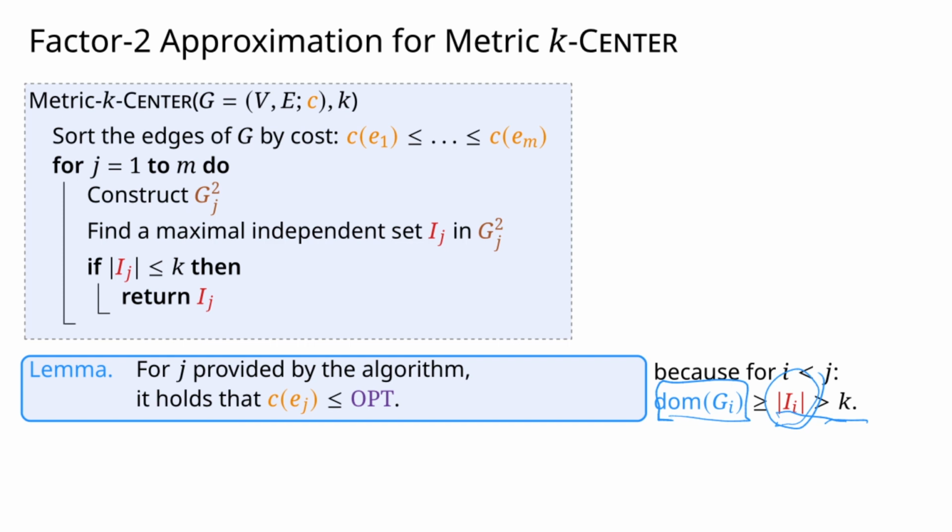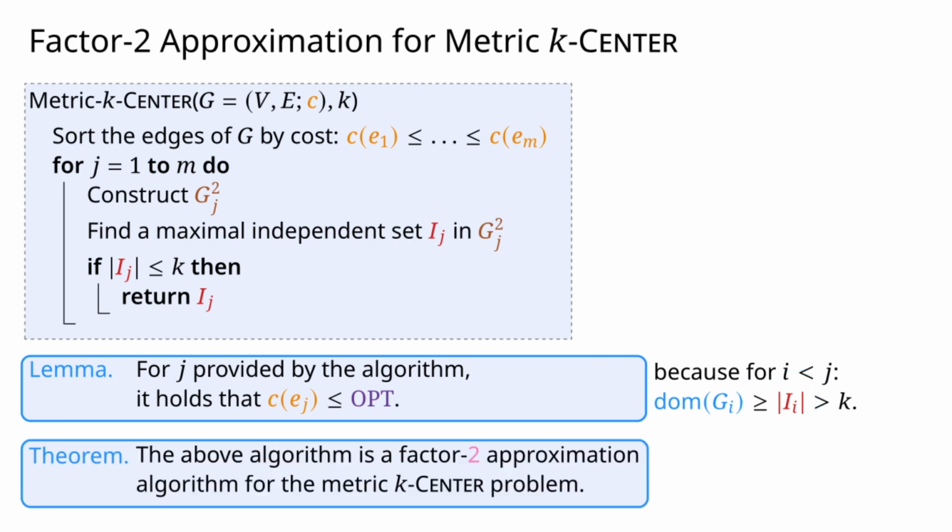So opt has to be larger, and we can put this together with the observations that we already had, namely that a maximal independent set is always a dominating set. So Ij is a dominating set, and we said if we have a dominating set in the square and we have that cej is a lower bound for opt, then this dominating set is already a true approximation, and that's exactly what we make use of here.